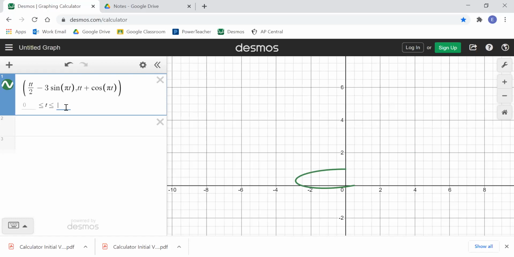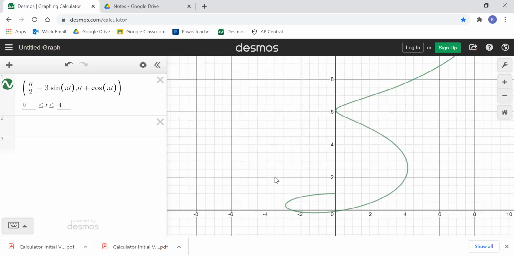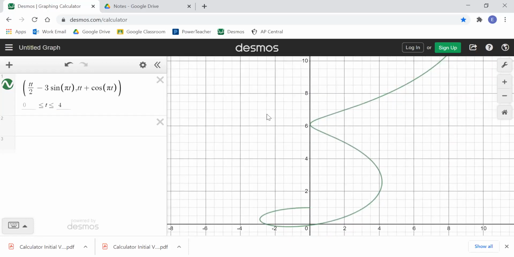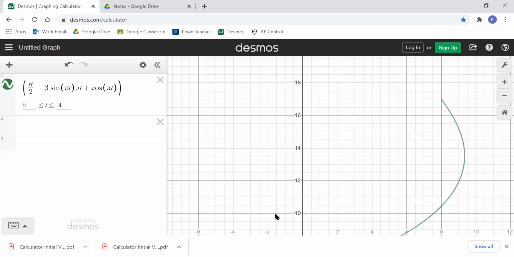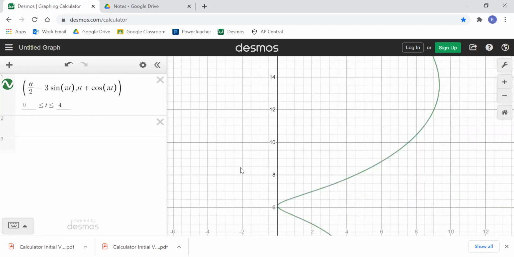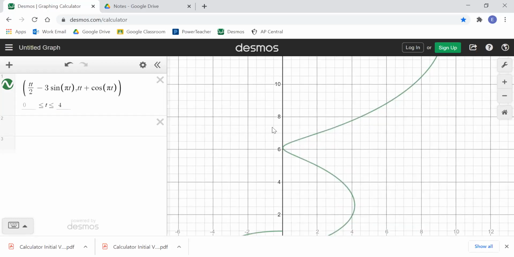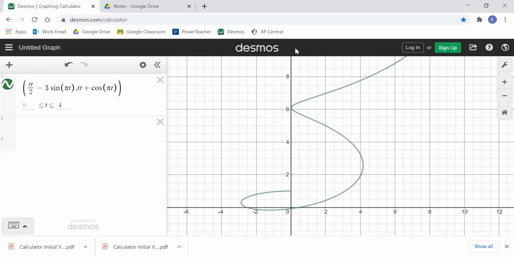It's not quite going to look like this, but this is the path it takes right here along that trajectory to get up to our final point. Kind of cool.